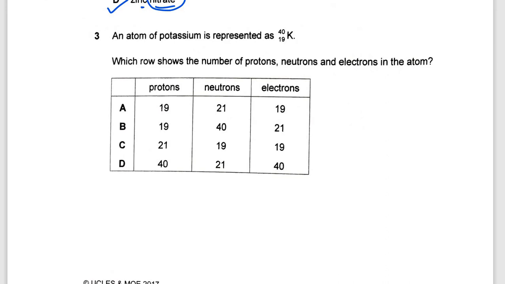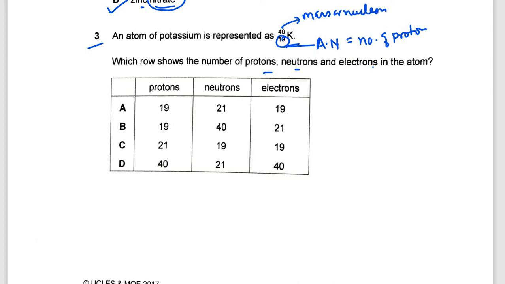Now coming to question number 3. The atom of potassium is represented by this. Which row shows the proton number, neutron and electron in the atom? You know that this is the atomic number. What is atomic number? It is determined by the number of protons. And this is your mass number or nucleon number.